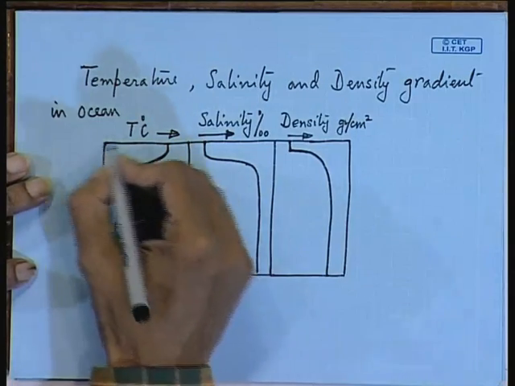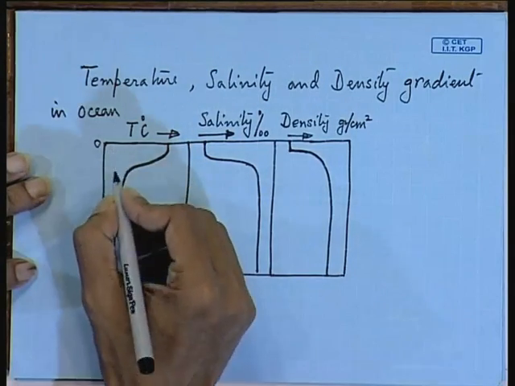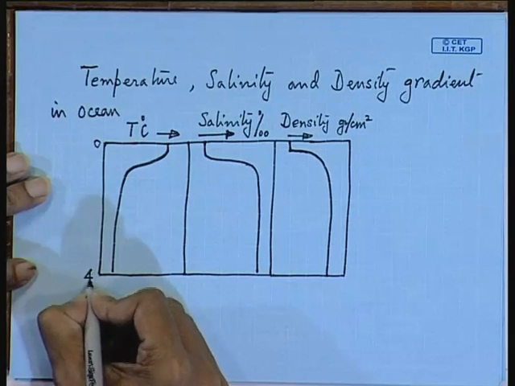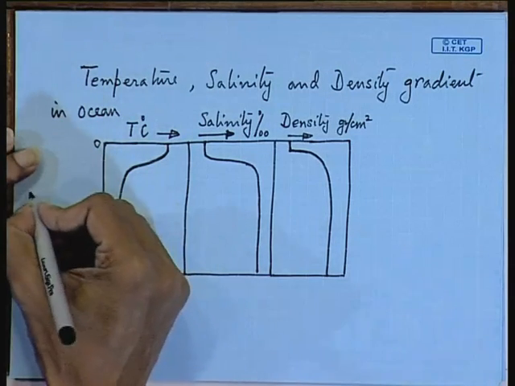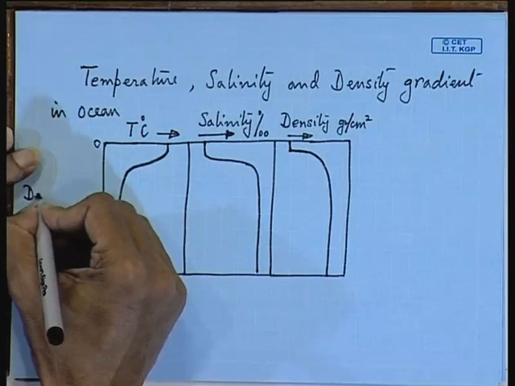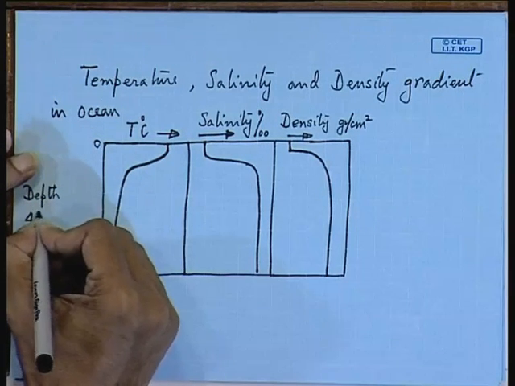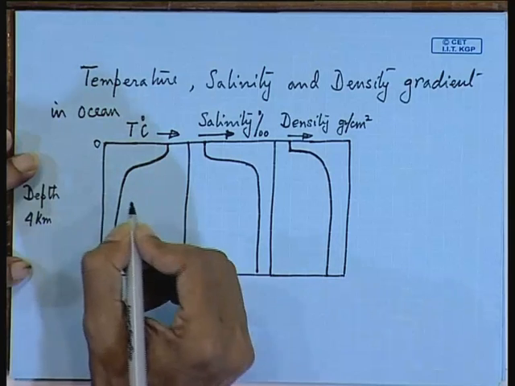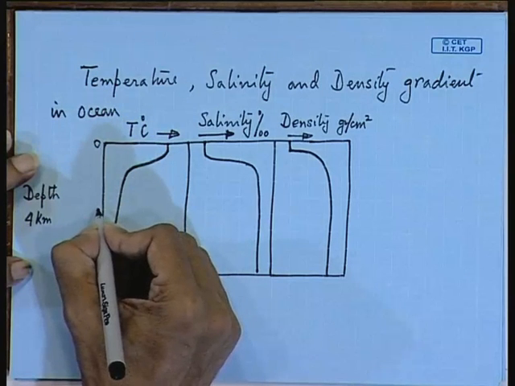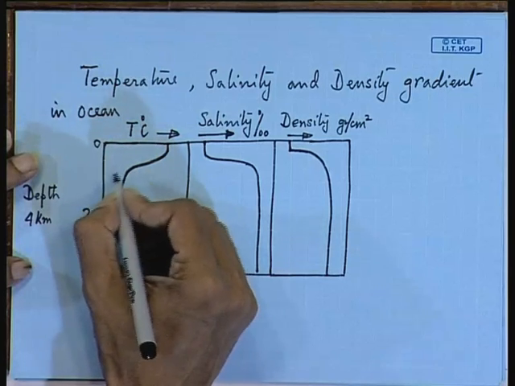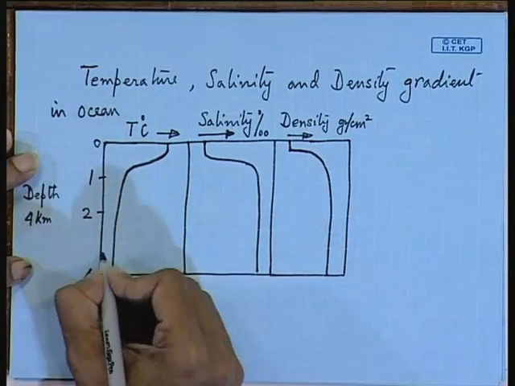And this is affecting from 0 to 4 kilometers, the depth of the ocean. Depth you take 4 kilometers. So, around this you will get 2, this is 1 and this is 3.